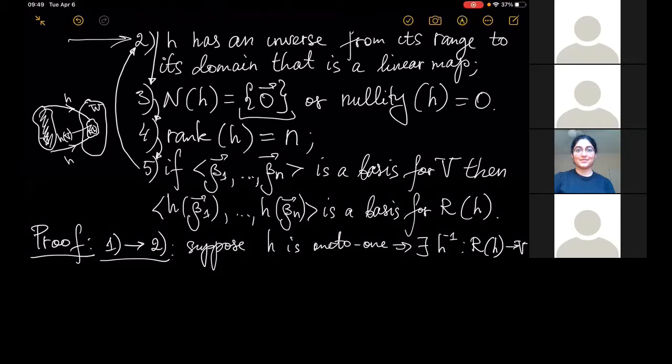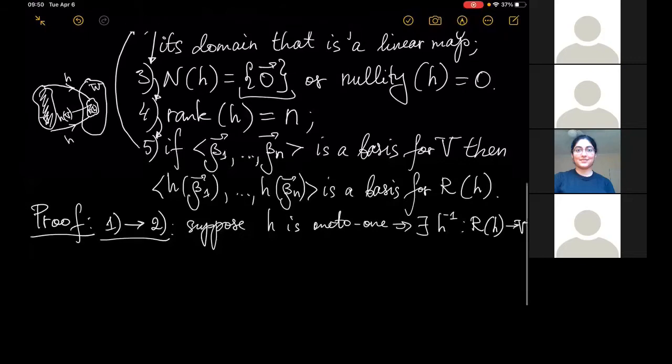Then, if H is 1 to 1, for every vector in the range, we have only one vector which is mapped from here to this particular vector, right?